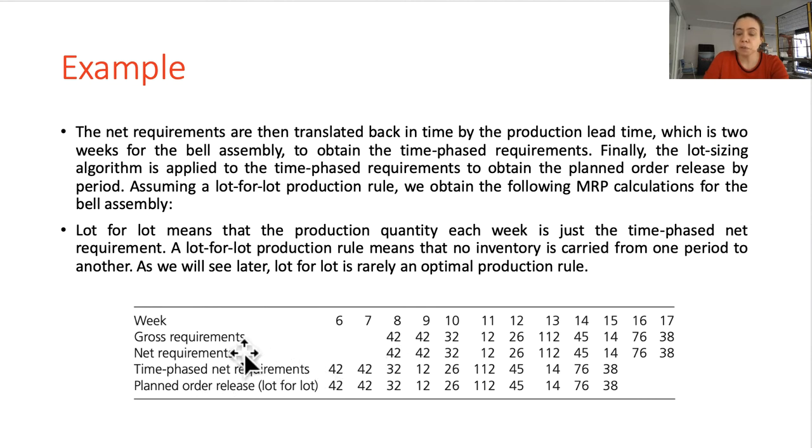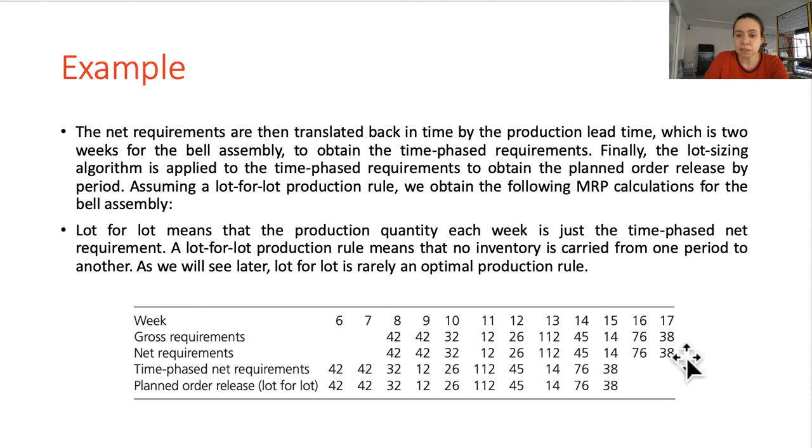Here, firstly, we write the gross requirements and net requirements in this table. Since we need a single bell assembly for each trumpet, we do not change the numbers. Okay, we have these numbers.